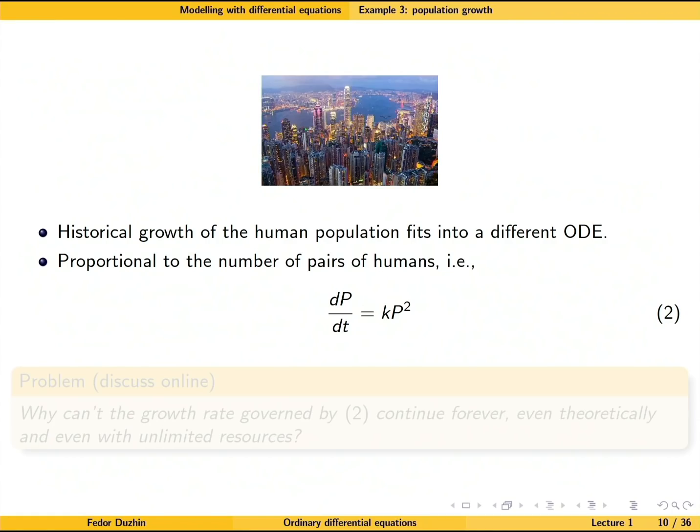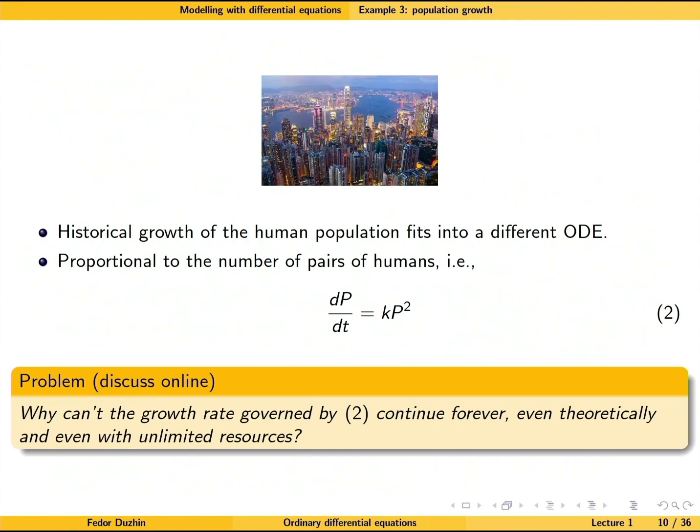So in other words, it is proportional to the square of the total population. And here is a challenge for you. If you can figure it out, you're welcome to post your answers onto the online forum.